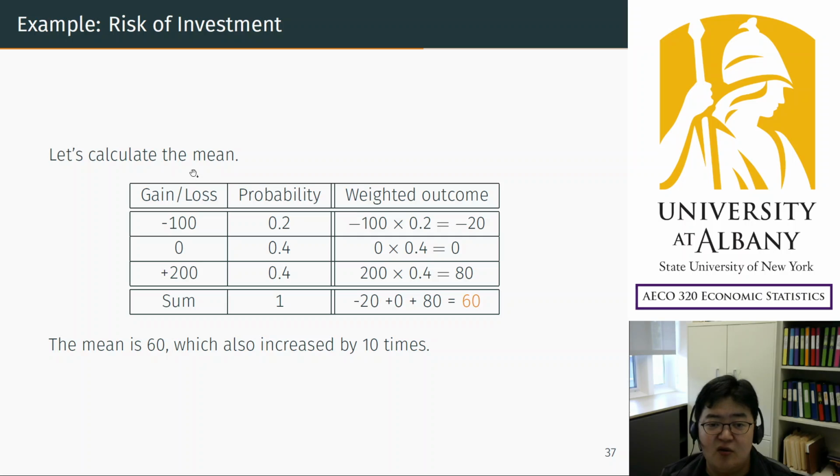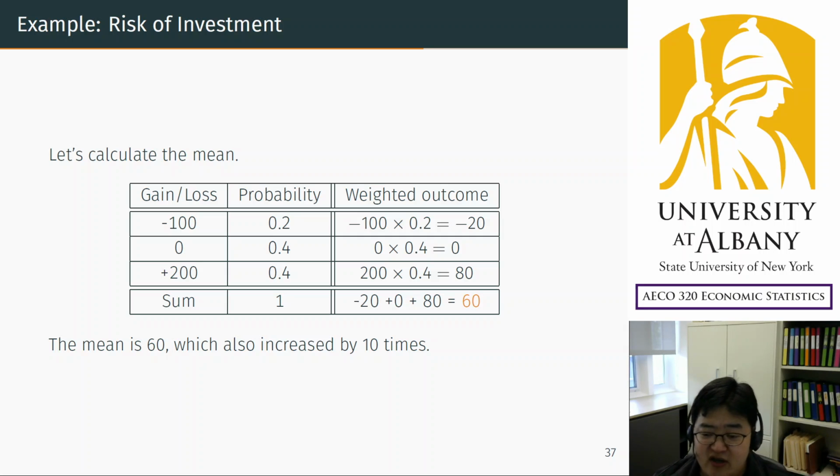So the first thing we have to do is to calculate the mean. We have done this many times. Multiply the outcome by the probability, minus 20 and 10 and 80. So sum the probability weighted outcomes, and then we get 60. So 60 is the mean. And remember, in our original example, the mean was $6.